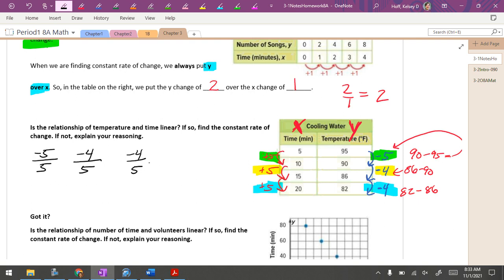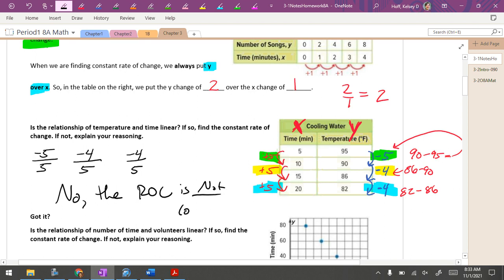So we would say, no. Miss Hoff will let you shortcut this: ROC, rate of change, is not constant. It is not the same. It asks if it's linear. No, it's not linear because the rate of change is not constant. Do you have to have that explanation on there? Yes.